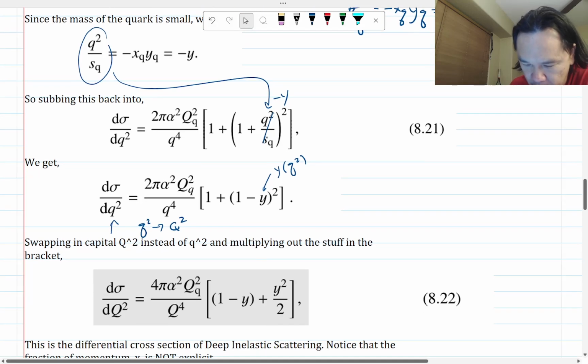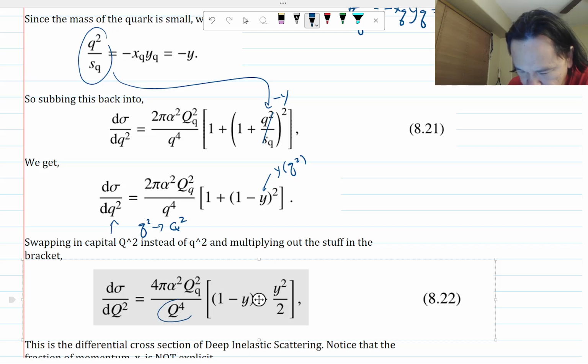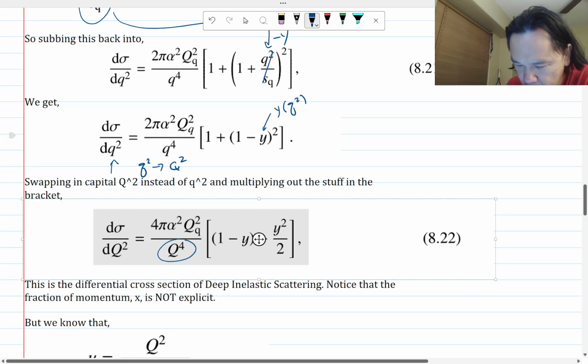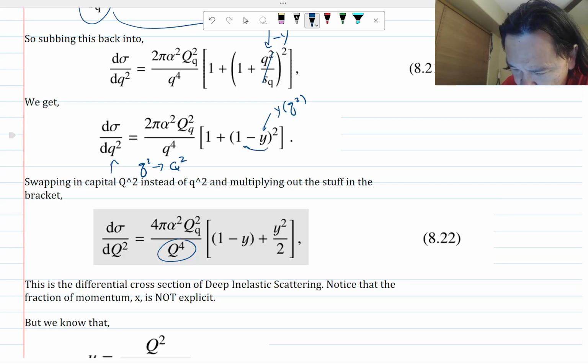When you do this little sign flip, the Q to the fourth power doesn't do anything, and you can multiply out the stuff inside here, because this is actually 1 plus 1 minus 2y plus y squared.